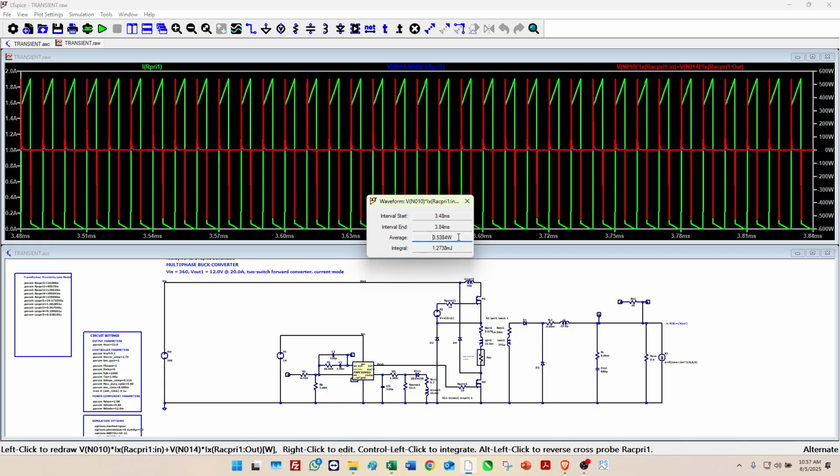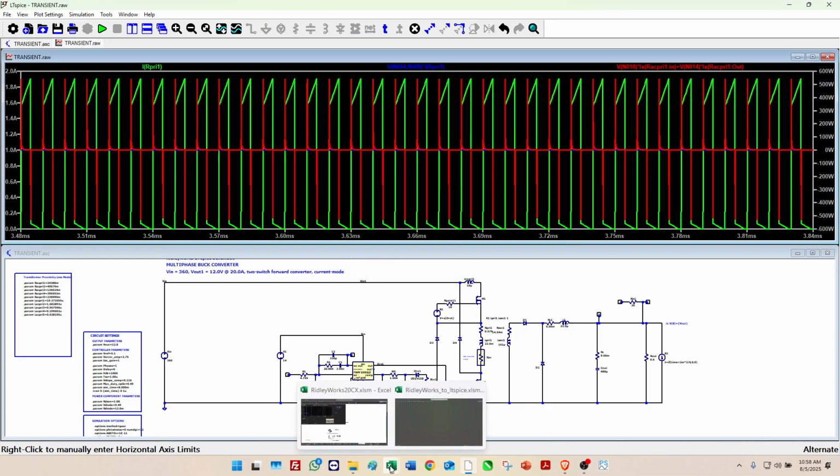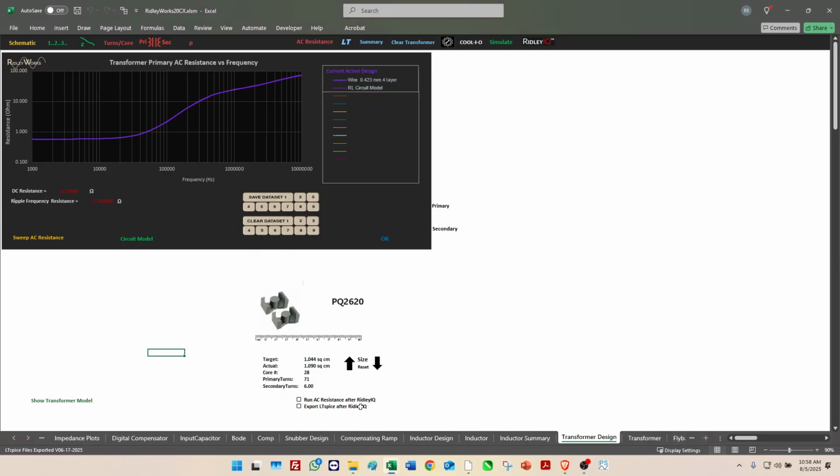RidleyIQ will do that automatically. It will find the lower loss case, and there's many other approaches you can take to improve the winding resistance. We'll do that in a subsequent video here on RidleyWorks. So there you go. So that's the calculation of AC resistance. You can start incorporating that into your designs right away.